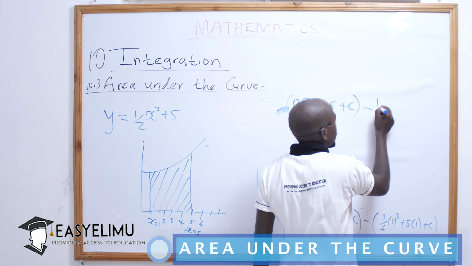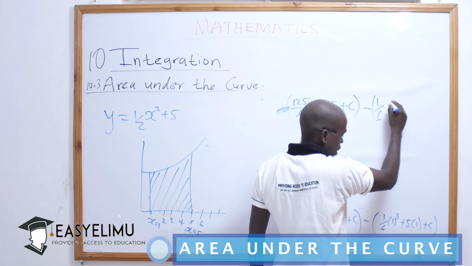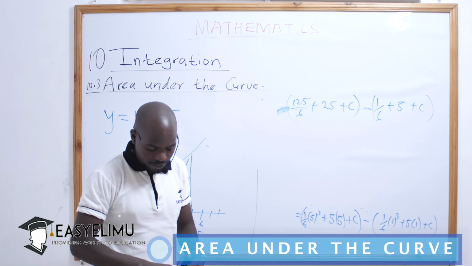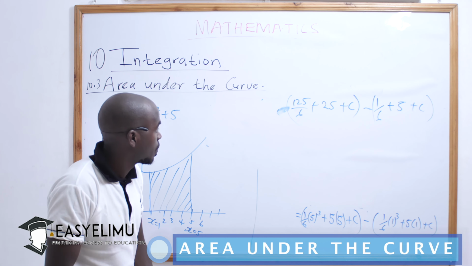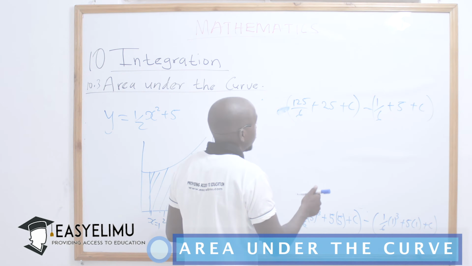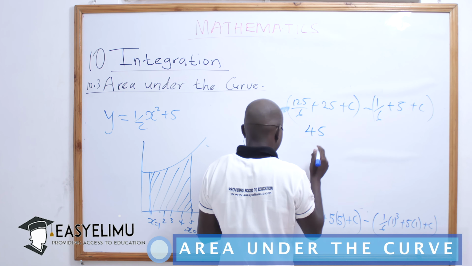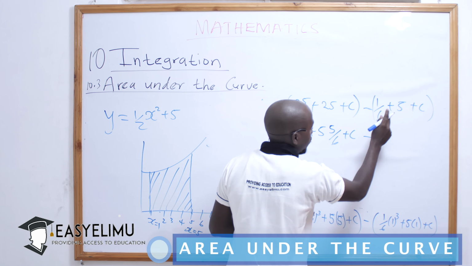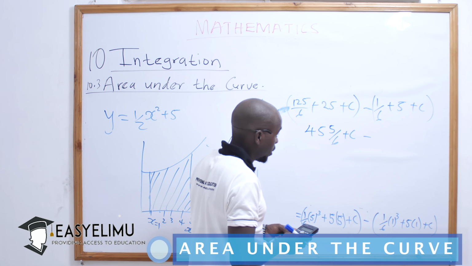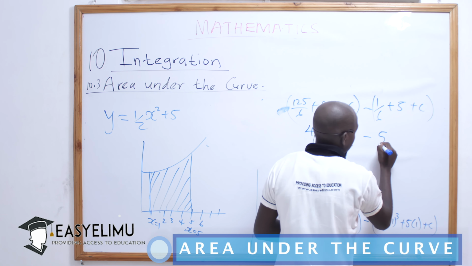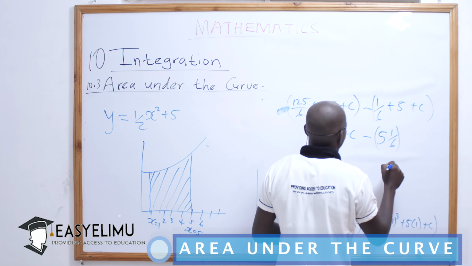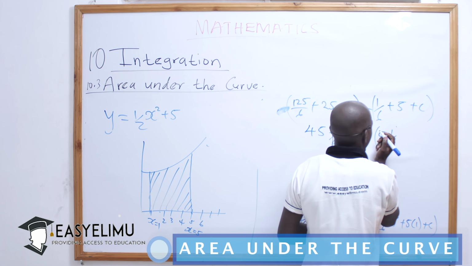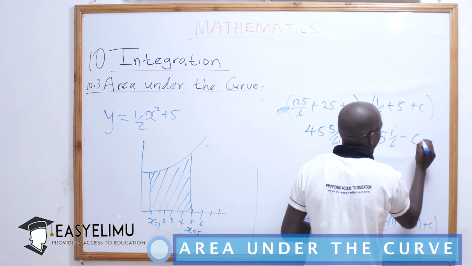Minus 1 over 6 plus 5 plus c. So let's see what we find. The first part gives 45 5 over 6 plus c. If I remove the bracket, it gives minus c.